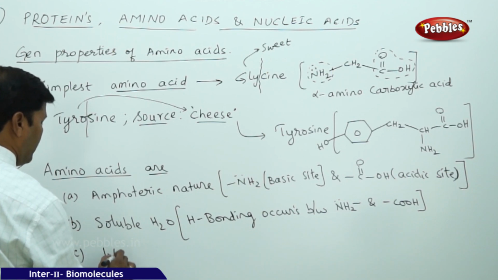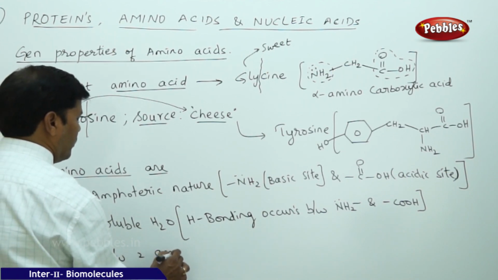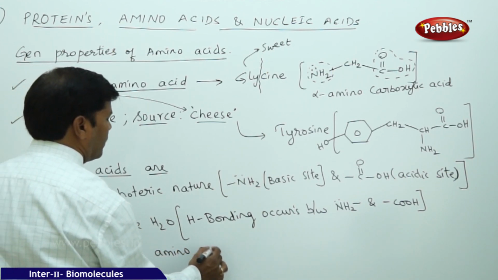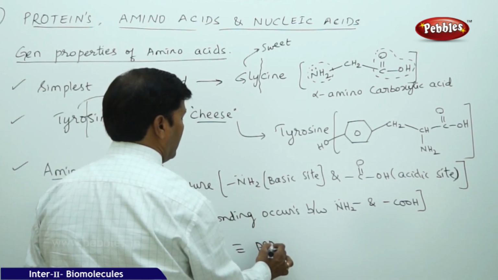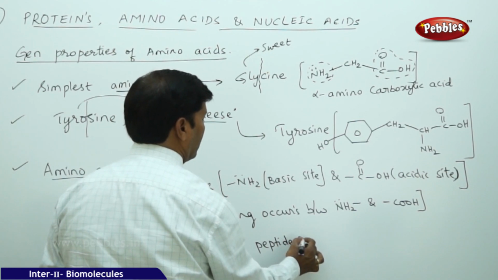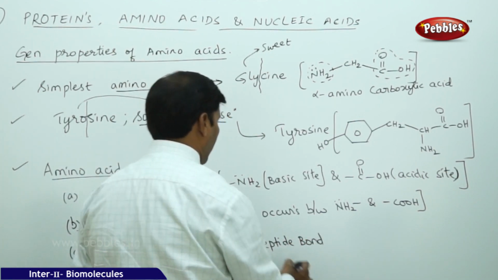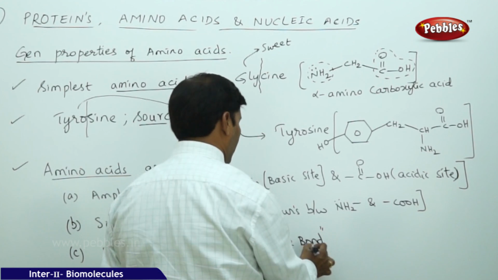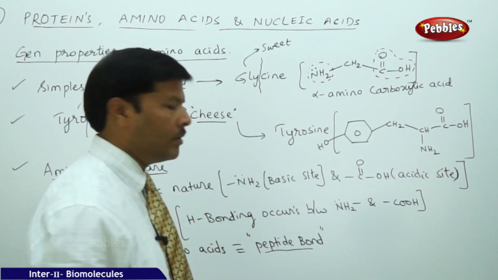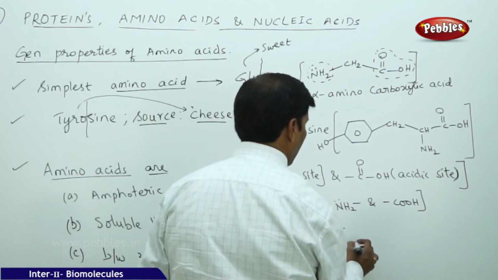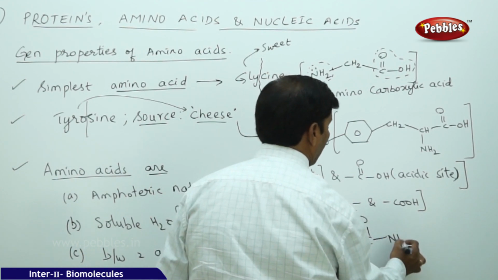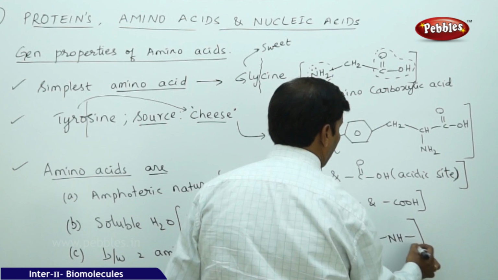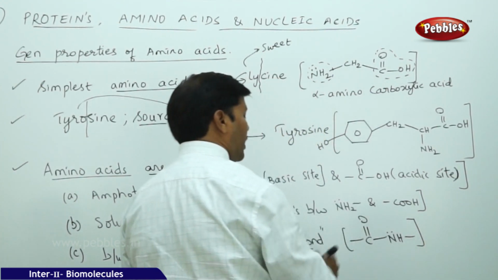Always the bond formed is called a peptide bond. The peptide bond is one of the most important characteristic features of an amino acid. The peptide bond is shown by the carbonyl group, carbon double bond oxygen, with the NH and a single bond. This is called the peptide bond.